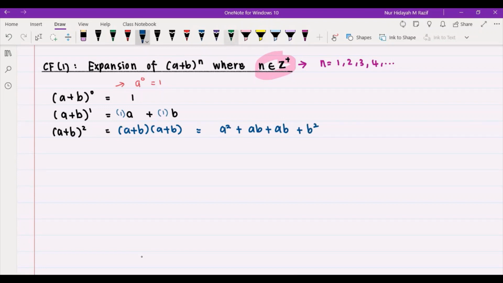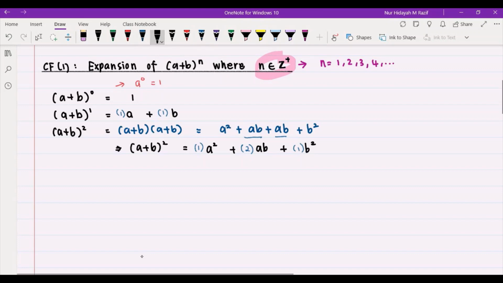Since we have similar terms here, ab plus ab, we simplify our answer. That gives me a squared plus 2ab plus b squared. So again, let's take a look at the coefficients. The coefficient for the first term is 1, then I have 2 here, and the last one is also 1.